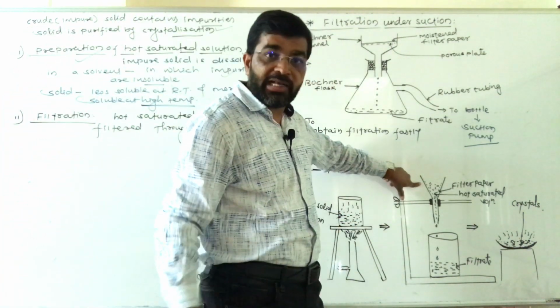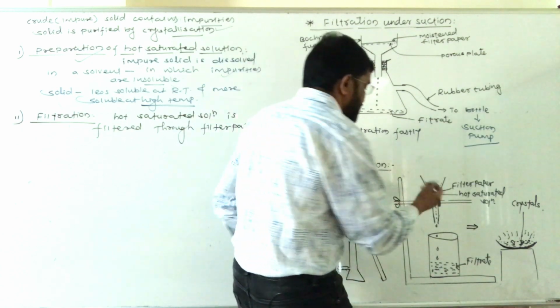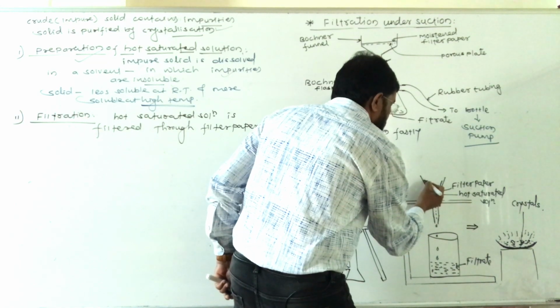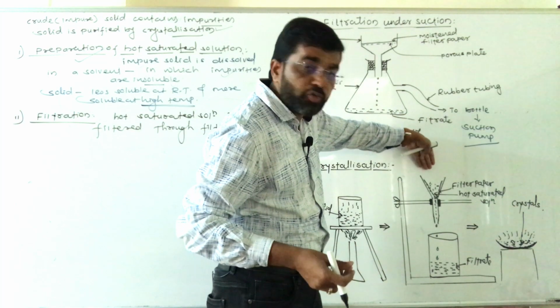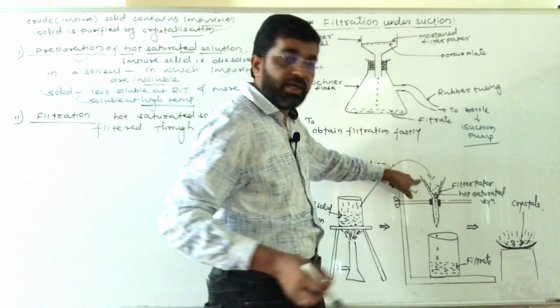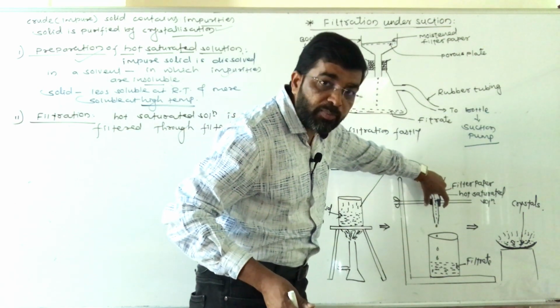Here we have taken a funnel. In this funnel, filter paper is placed like this. This is the filter paper, and when the hot saturated solution is poured here, it gets filtered through the filter paper.